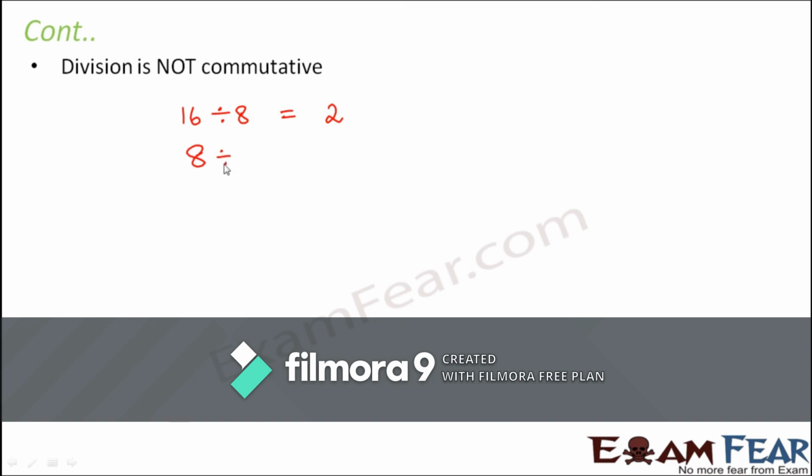What about division? Division is again not commutative. That is because when you divide 16 by 8, you get 2. Now when you divide 8 by 16, you get 1 by 2. So therefore you see that A divided by B is not equal to B divided by A. And therefore division is not commutative.